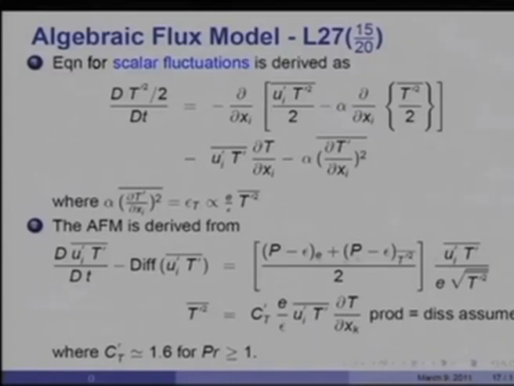All these quantities are known very well from these two expressions. C_T dash is taken as 1.6 for Prandtl greater than or equal to 1. For liquid metals, things are somewhat more difficult and therefore not discussed here. But the algebraic stress model and algebraic flux model again save considerable computational time.